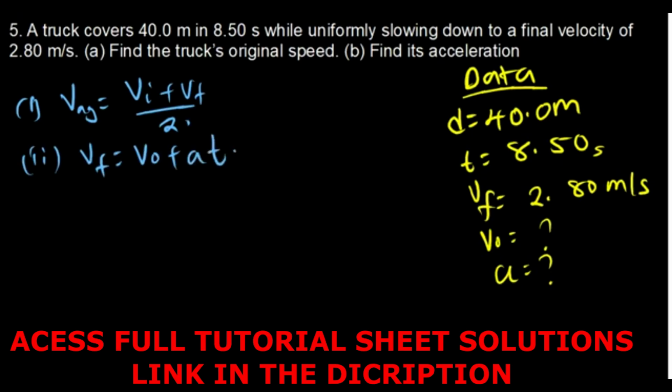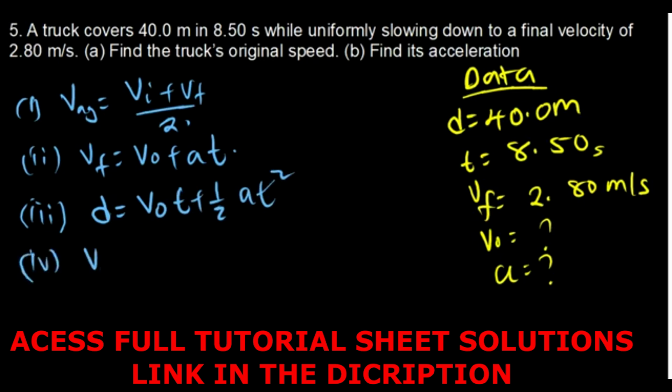The third one is for the displacement: the initial velocity times the time plus half a t squared. The fourth equation is v final squared equals v initial squared plus 2ad.